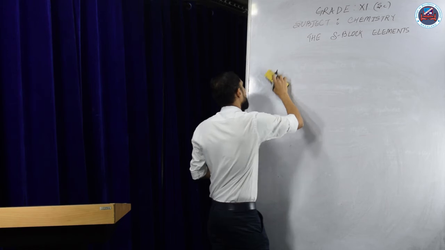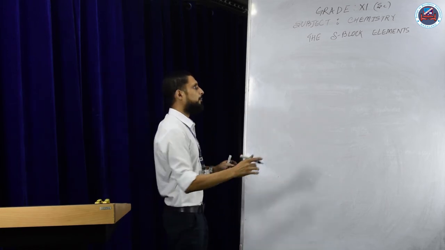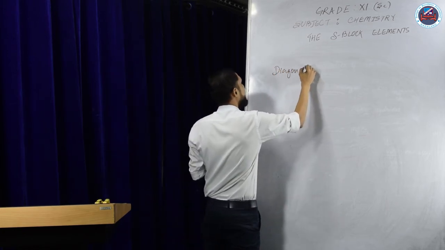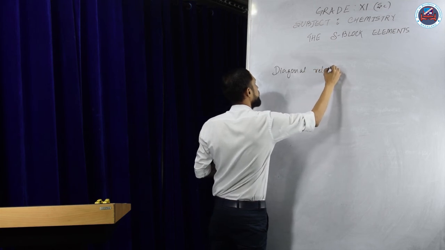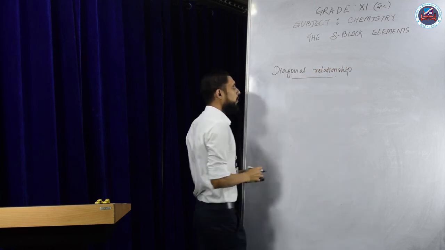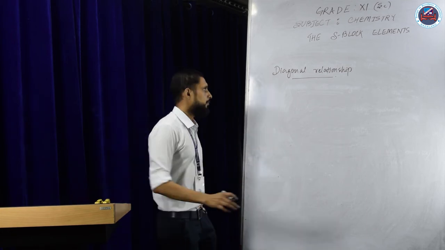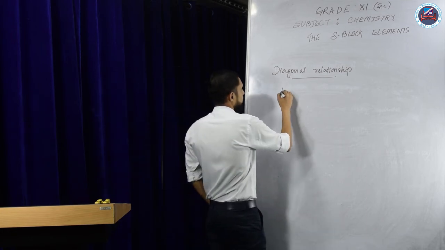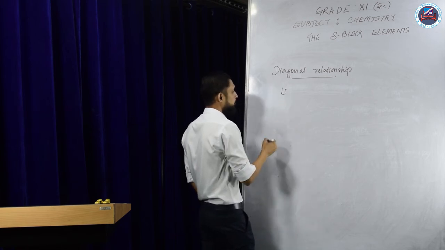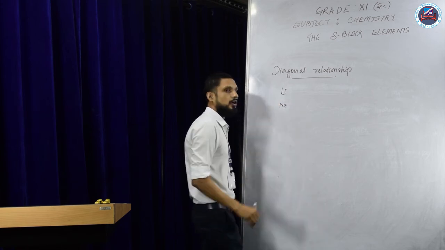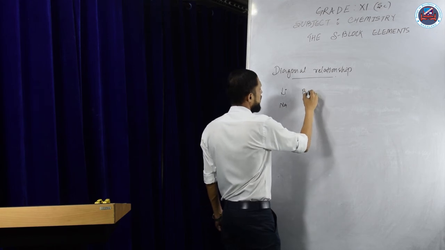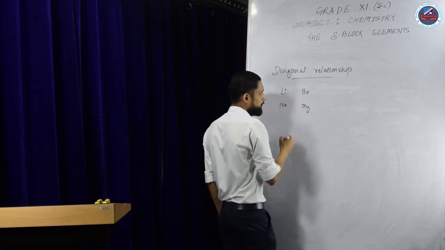Next, let us study a very important topic which is known as diagonal relationship. Now, what is this diagonal relationship? Lithium, first group, sodium, also first group. In the second group we have beryllium and magnesium.